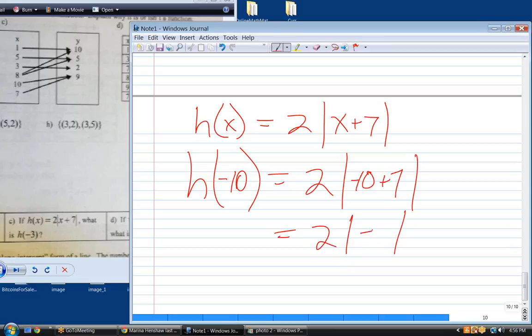Negative 3. Which equals 6. Positive 6, because the absolute value of a negative number is positive. In other words, absolute value merely says just take the number and make it positive. If it's negative, make it positive. Okay?